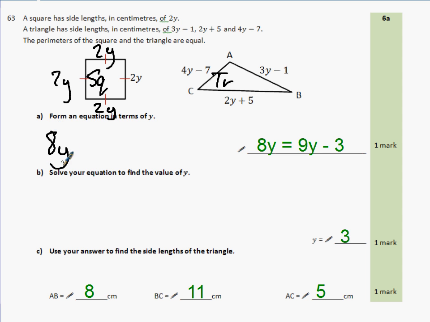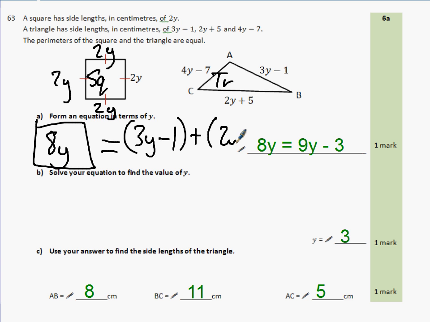So that's for the square, and it equals the perimeter of the triangle, which is 3y take away 1 plus 2y plus 5 plus 4y take away 7.